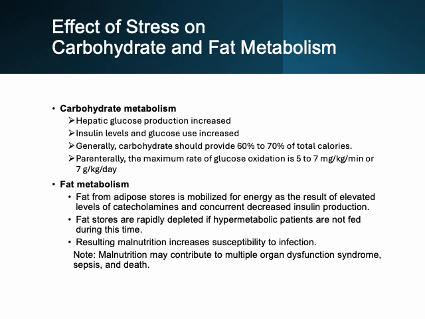What happens to our carb and fat metabolism during stress? During carb metabolism, hepatic glucose production increases, and insulin levels and glucose are increased. Generally, carbs should provide 60 to 70% of our total calories, keeping in mind that parenterally the maximum rate of glucose oxidation is 5 to 7 milligrams per kilogram every minute, or 7 grams per kilogram a day.